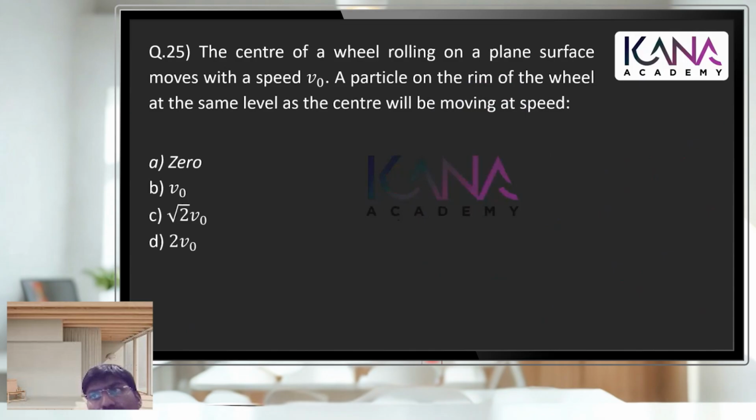Next question. There is a rolling wheel with center speed V0, and a particle on the rim at the same level as the center.